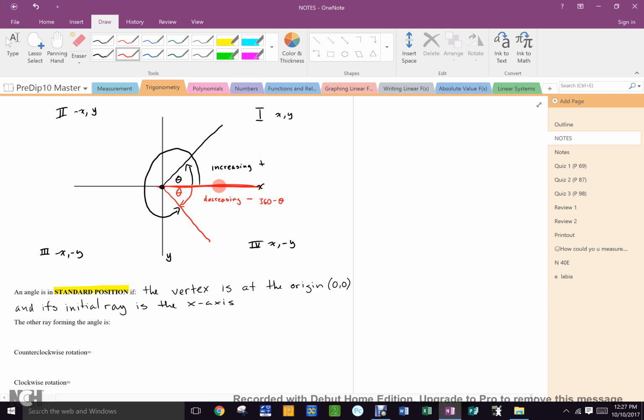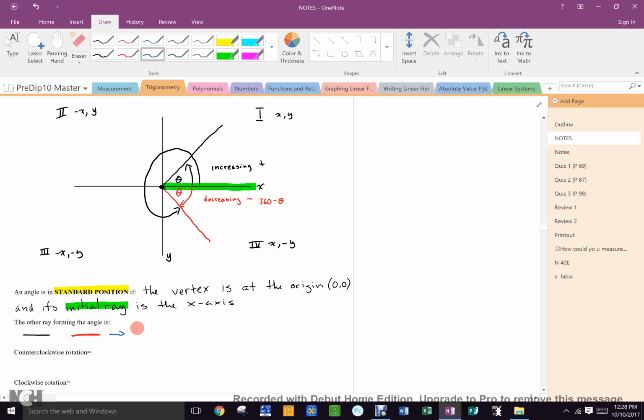Okay. I'll make it green. That is the initial ray. Everybody cool? Because we started counting from the x-axis. Okay. The other ray. So I have the red line and the black line. Those two rays.